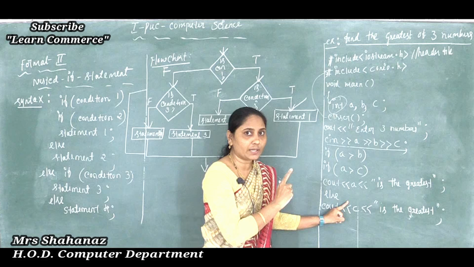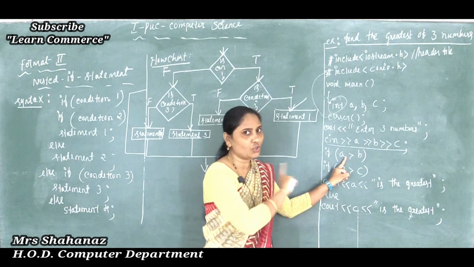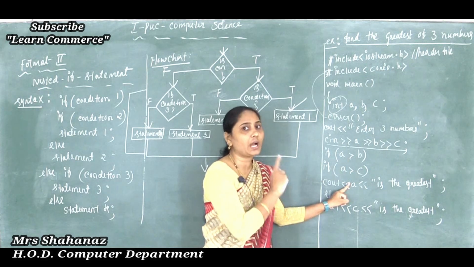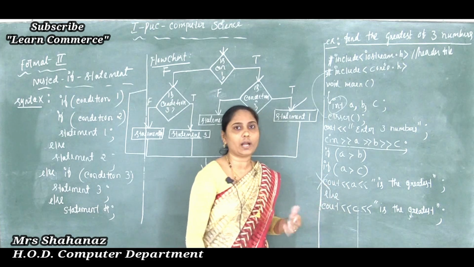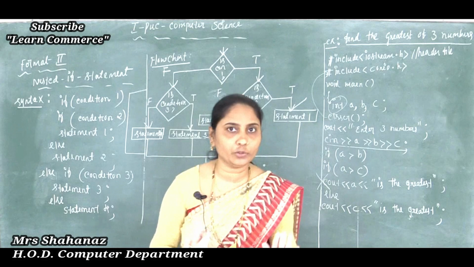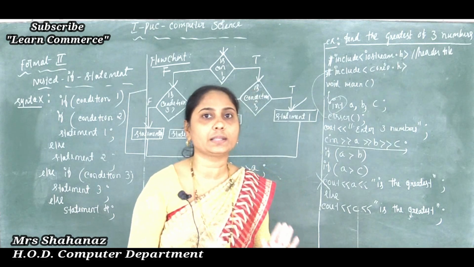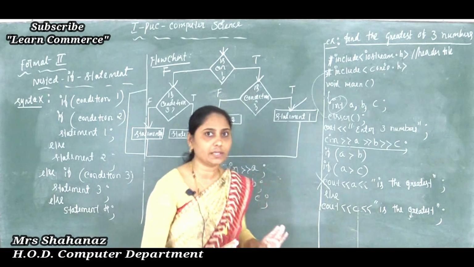So here condition 1 is not true, condition 2 is also not true, so this statement 1 will not execute. Then the message "A is the greatest" will not be displayed here.